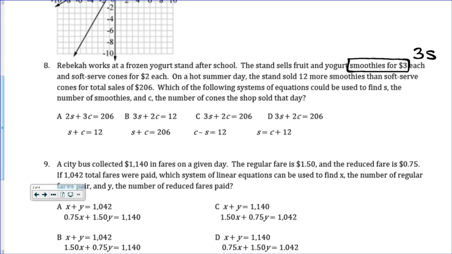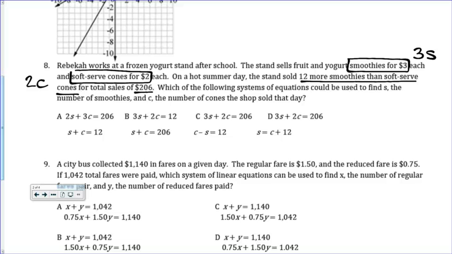And soft serve cones for $2 each, so I'm going to say $2 for the cones. On a hot summer day, the stand sold 12 more smoothies than soft serve cones. So it's giving you your answer in terms of smoothies. And that was a total of $206.